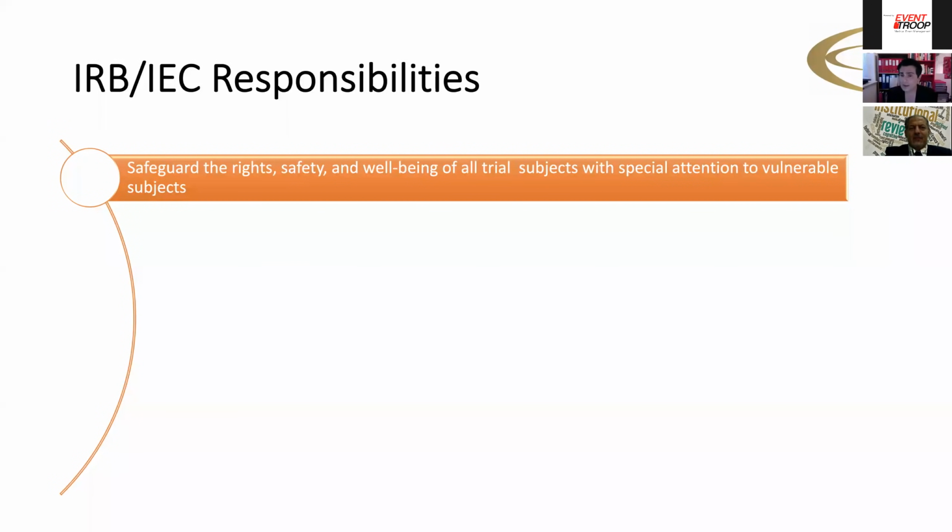So, for example, a vulnerable population would be minors or children, or pediatric trials. Vulnerable populations could be patients with mental impairments, or very poor patients, who are disadvantaged individuals. When I talk about consent in tomorrow's lecture, I'll say more about vulnerable subjects. Okay, so they're looking at subjects, very important.